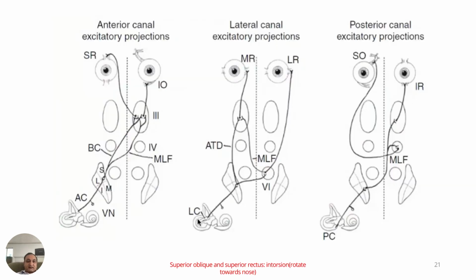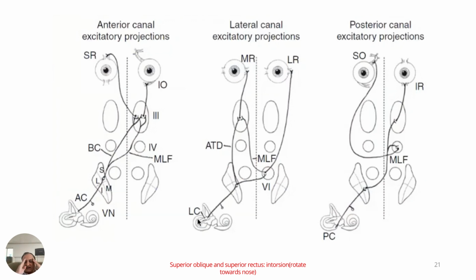So, if you see here, if the lateral canal is stimulated, it goes to the vestibular nuclei. From the vestibular nuclei, it crosses the midline and goes to the abducent nucleus. This regulates the function of the eye movement. From here, it goes to the lateral rectus of this side, and it crosses back and goes to the medial rectus of the other side, because the eye has to move in a conjugate movement.